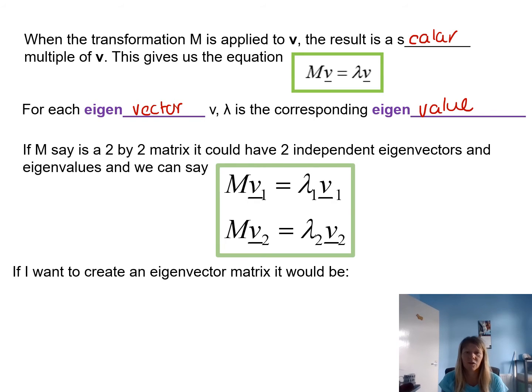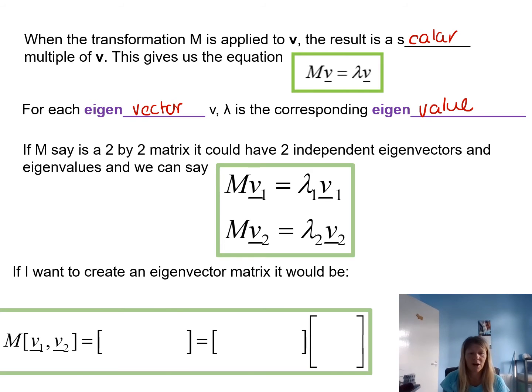If M, say, is a 2 by 2 matrix, it can have 2 independent eigenvectors and eigenvalues, and we can say that MV1 equals lambda 1 V1, and also a different equation, MV2 gives us lambda 2 V2. If we wish to create an eigenvector matrix, we could write this. Put the vectors in columns here, so that'd be a 2 by 2.